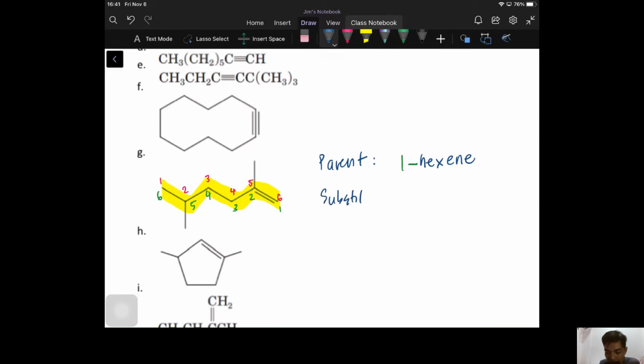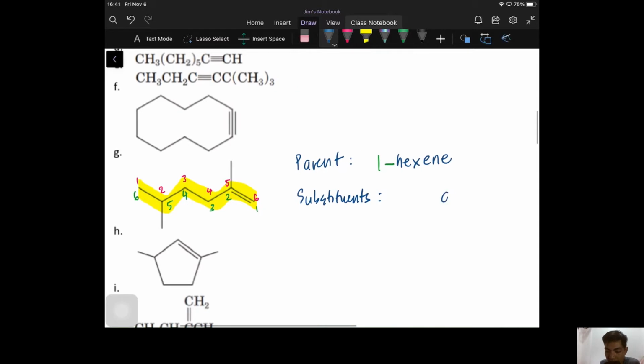Substituents. Ano yung substituents natin? May dalawa tayong methyl. So yan ay dimethyl. Ito methyl, tapos ito isa pang methyl. So dimethyl. Then ano yung locants nila? Since green yung pinili natin, susundan natin yung green syempre. So yan ay 2, 5-dimethyl.